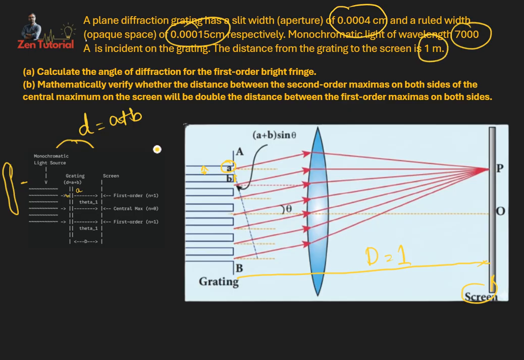The first question A: calculate the angle of diffraction. This is the angle of diffraction we have to evaluate, for the first order bright fringe.